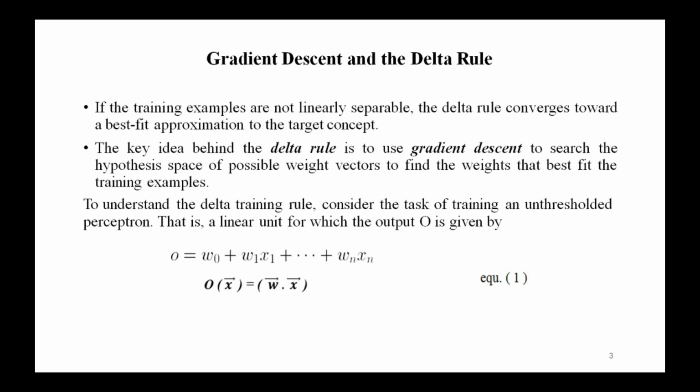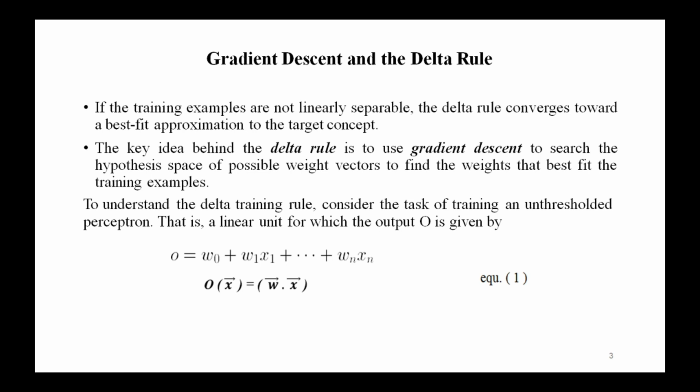So today I am going to discuss the next concept, which is an important concept, that is gradient descent and the delta rule. Even though the perceptron rule finds a successful weight vector when the training examples are linearly separable, it can fail to converge if the examples are not linearly separable.